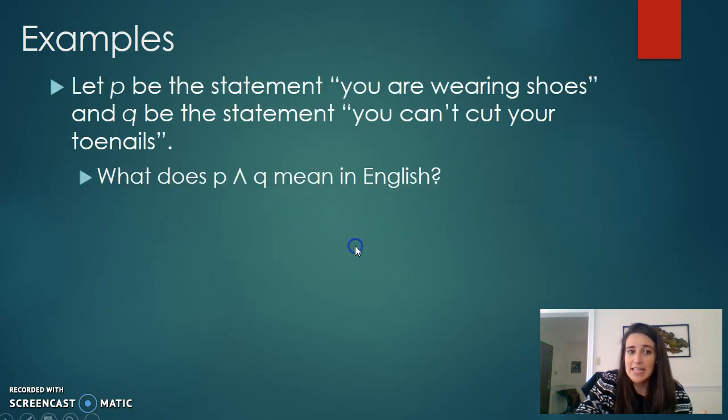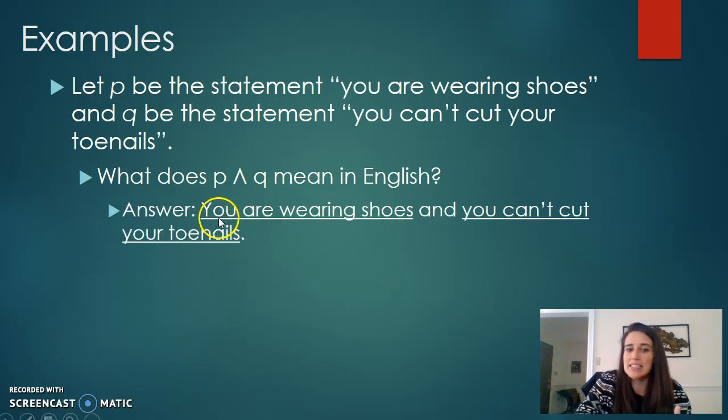If we look at the same statements, what does P wedge Q mean in English? So recall this wedge symbol represents the English word and, so we're trying to say P and Q. And so if we substitute what P and Q represent in English, we would get something like the sentence, you are wearing shoes and you can't cut your toenails.